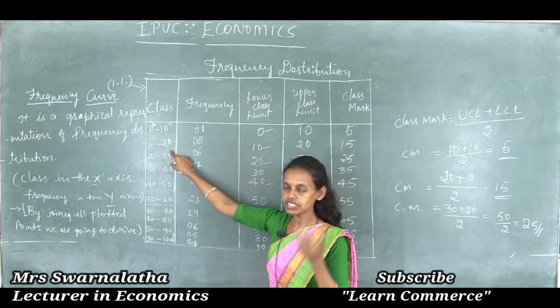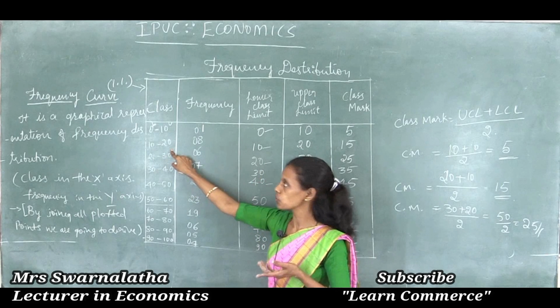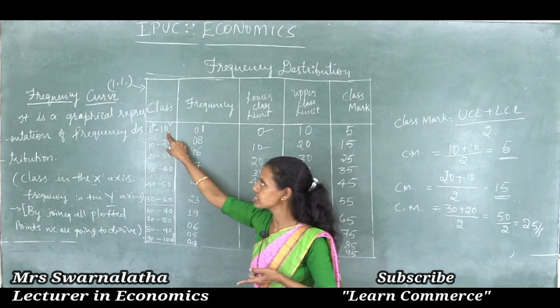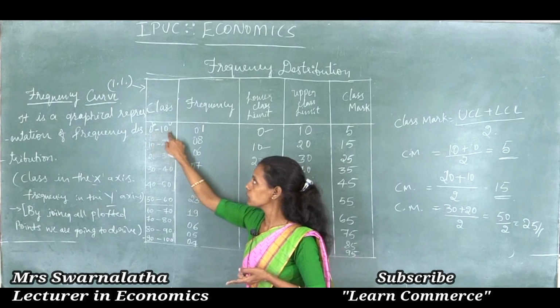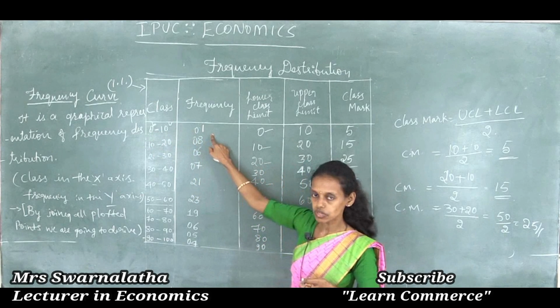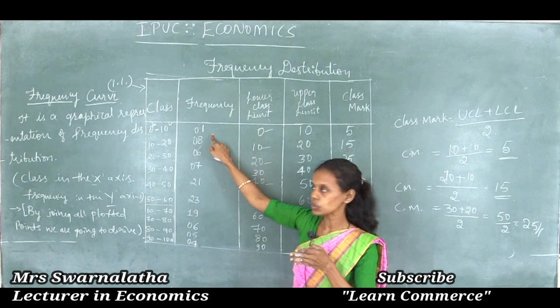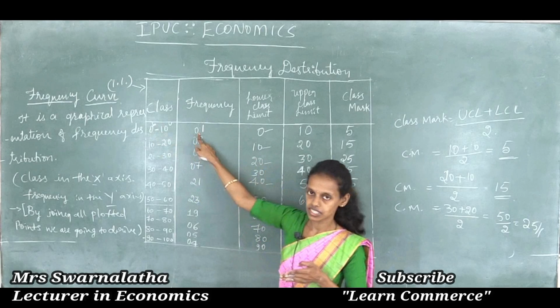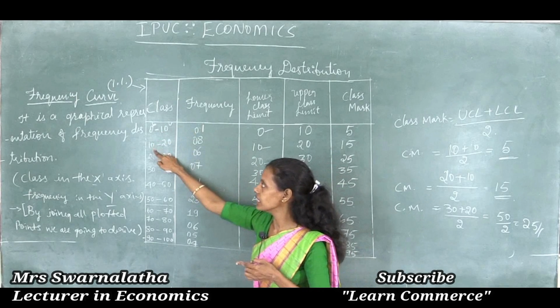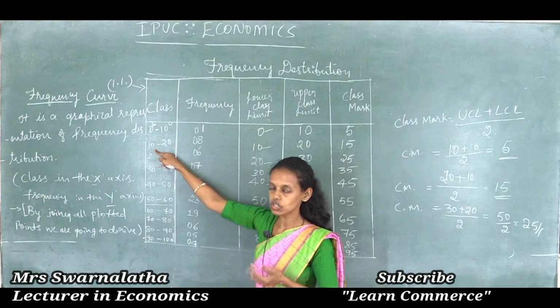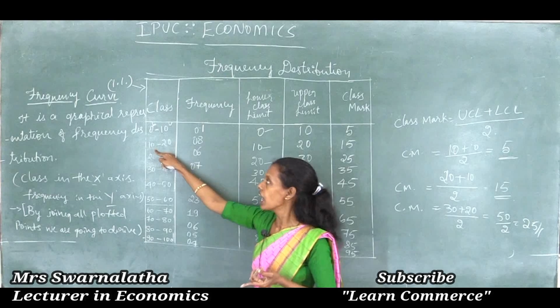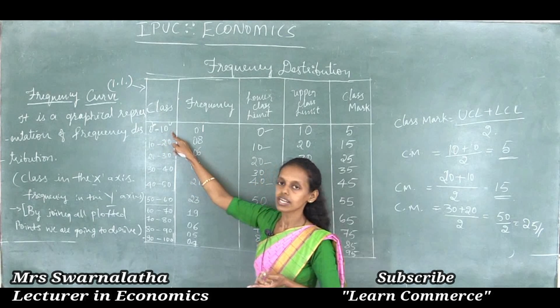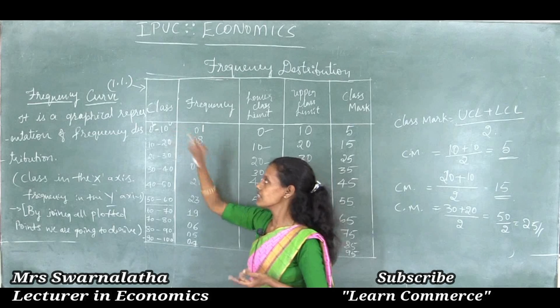But while calculating, when the marks scored by the student are 0 to 10, we are not including the 10 in the first class interval. Suppose the marks scored are 0 to 10, just 0 to 9 we are considering here. The 10 we should include in the next class interval, excluding the upper class limit in the first class interval.